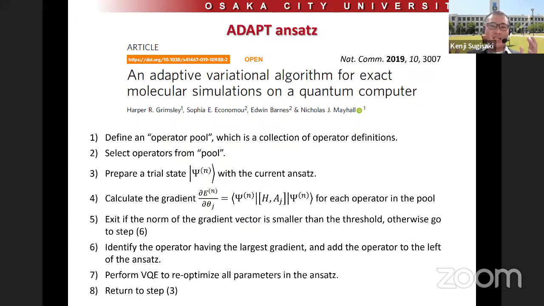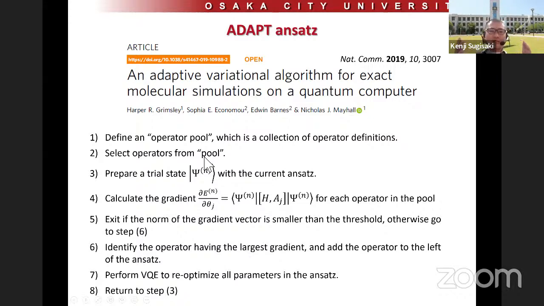But in the adaptive ansatz, the variational quantum circuit is generated sequentially in the iteration by including another excitation operator, which is expected to have a large contribution to the energy.